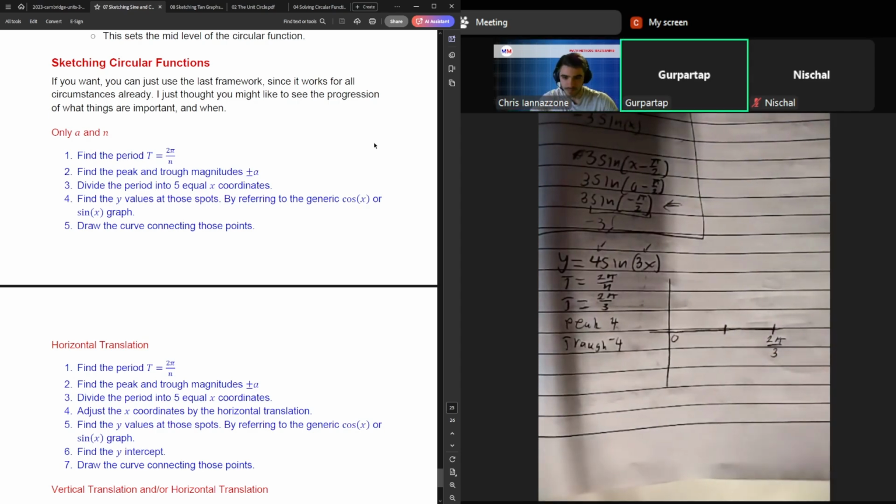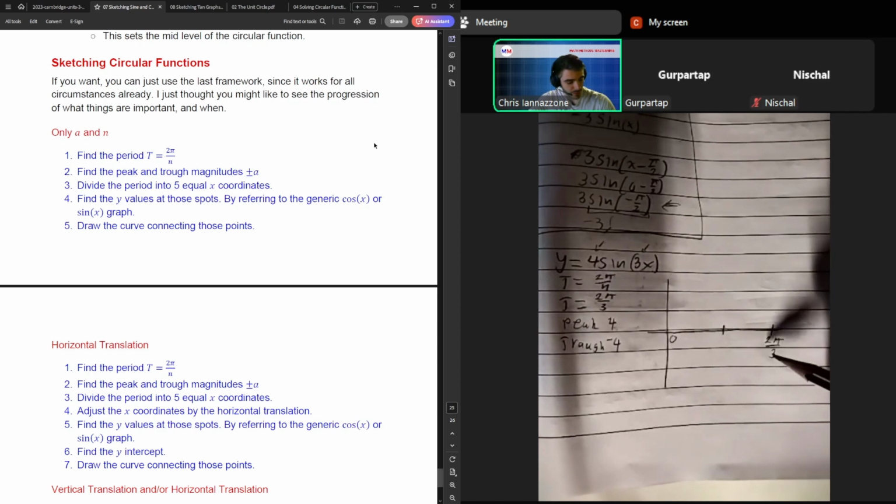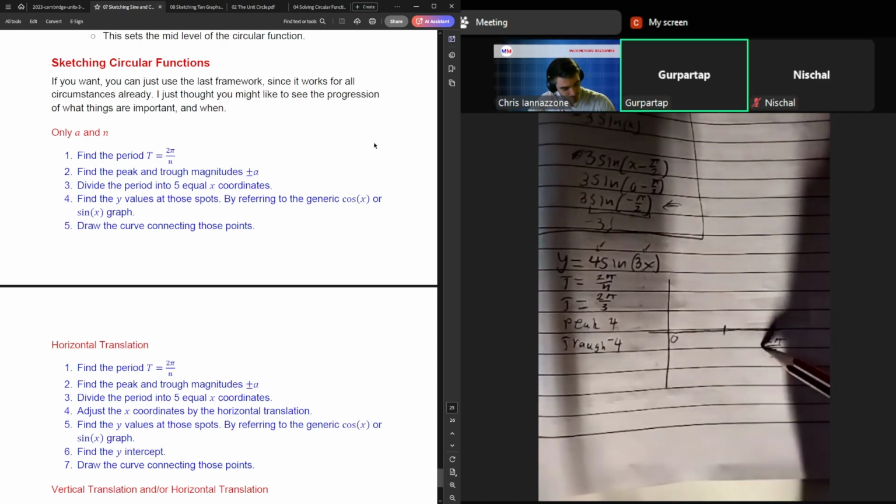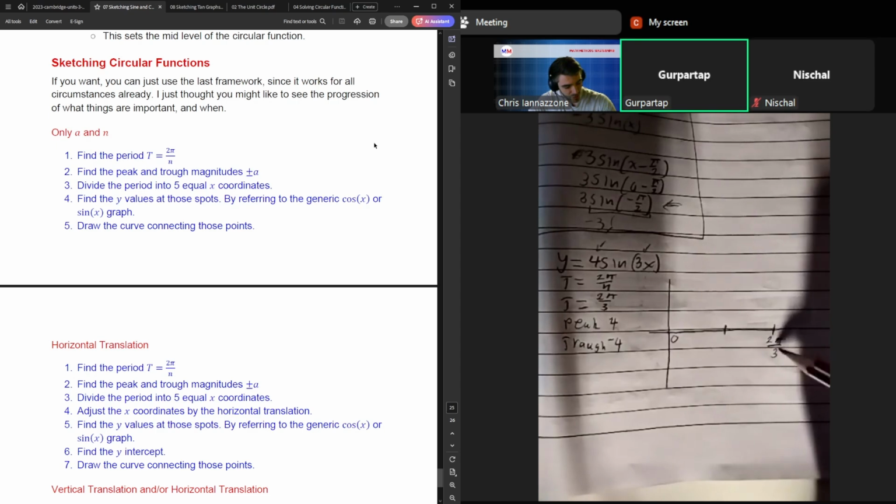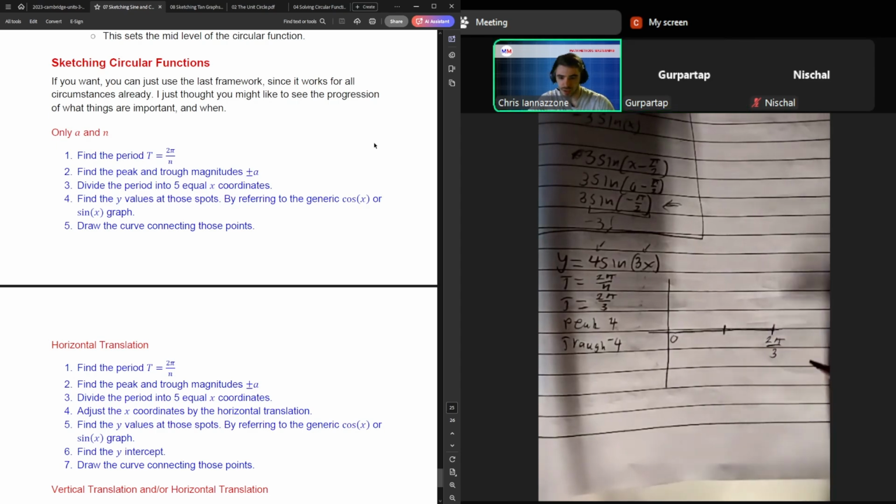So I just had a question, just to divide 2 pi over 3 in half. What would be the quickest and simplest way to memorize that? What's half of 2 pi over 3? Yeah, just knock off the 2. Whenever you divide anything by 2, you can either double the denominator or halve the numerator.